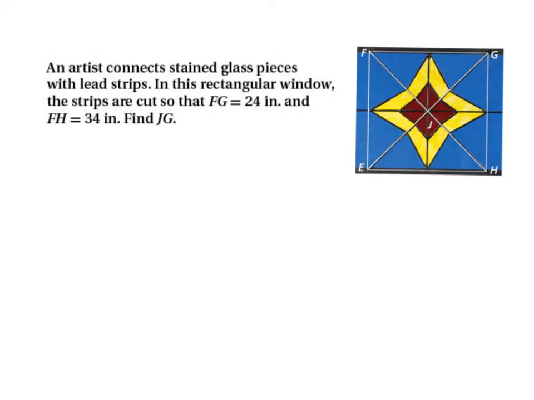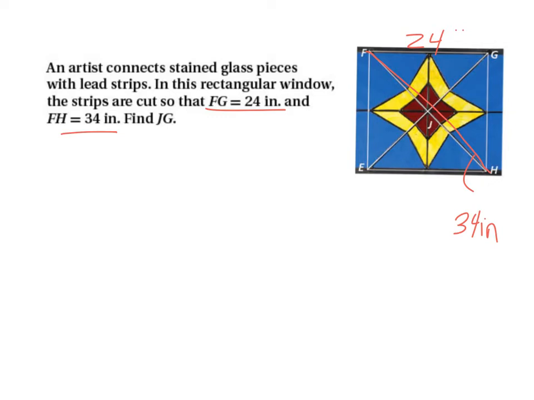So in this example, I'm noticing here that FG is equal to 24 inches. So this piece right here is 24 inches. FH is this diagonal, is 34 inches. So since a rectangle is a parallelogram, I know that the diagonals bisect each other and also the diagonals are congruent.